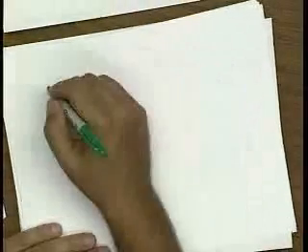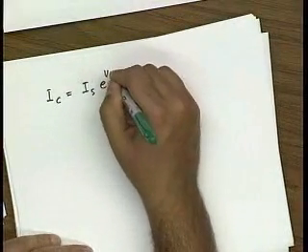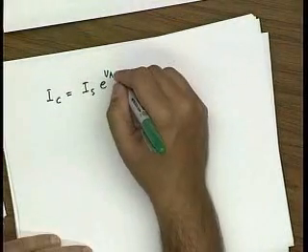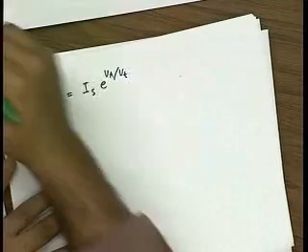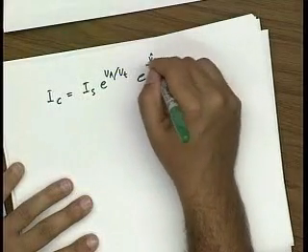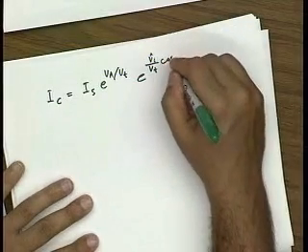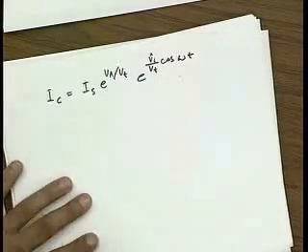Well, let's look at this equation. This is the bias term. And then we have a term which is the input signal normalized to Vt, which is kT over q, times cosine omega t.